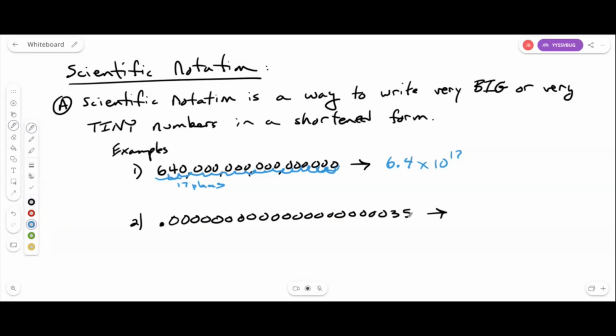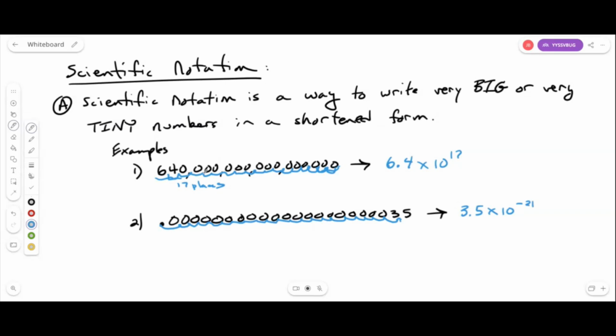And so the same thing happens here. I'm going to put the decimal place right there. So I'm going to have 3.5 times 10 to the, we're going to move 1, 2, 3, 4, 5, 6, 7, 8, 9, 10, 11, 12, 13, 14, 15, 16, 17, 18, 19, 20, 21.